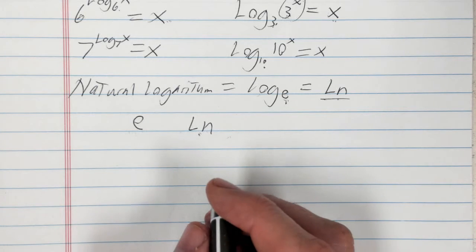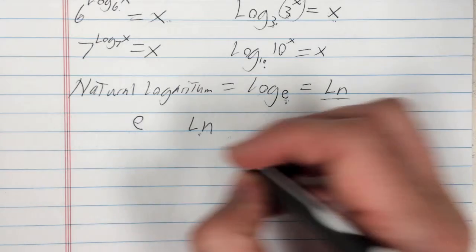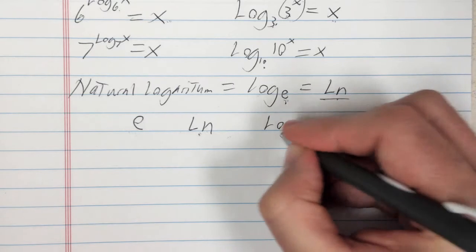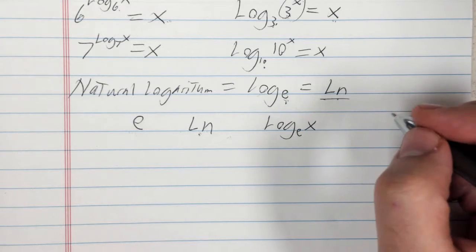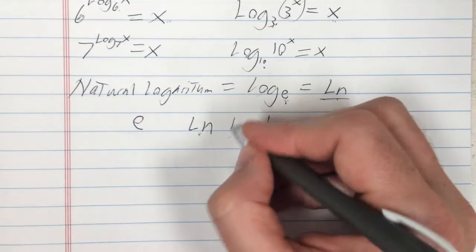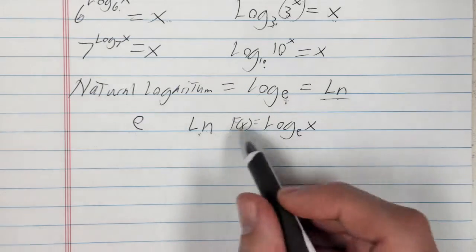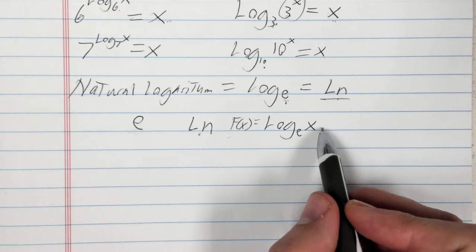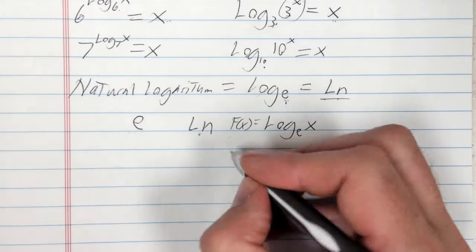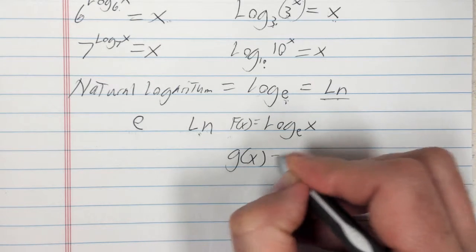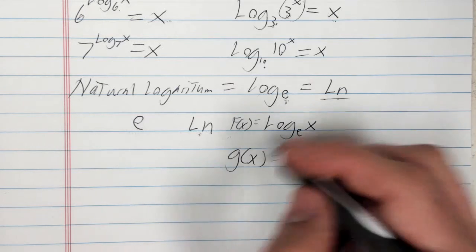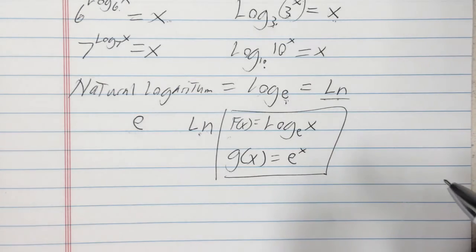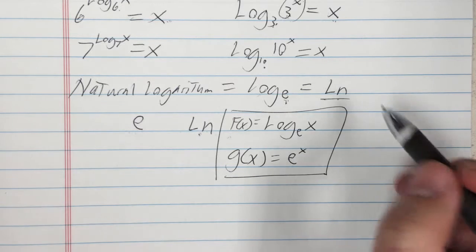So if we have the log of e to the x, we say what's the inverse? Let's just say f of x is equal to the log of e to the x. That would be g of x is equal to e to the x. And what is this?